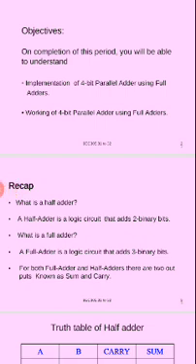In the last class, we discussed serial adder.